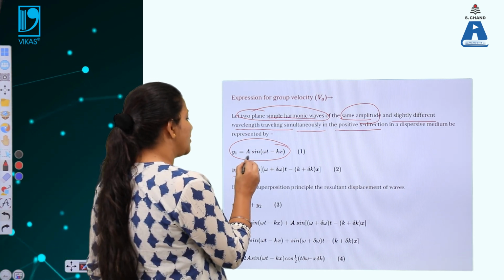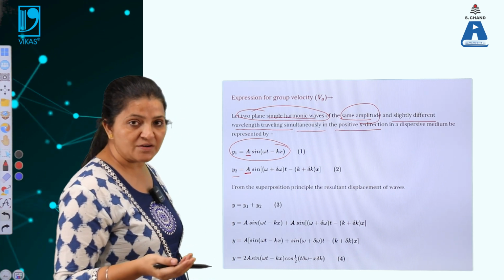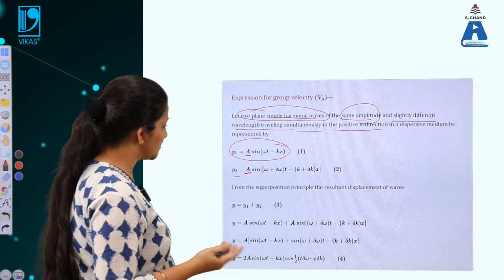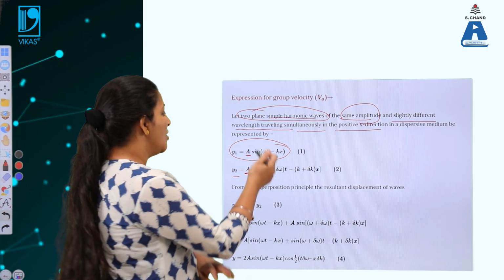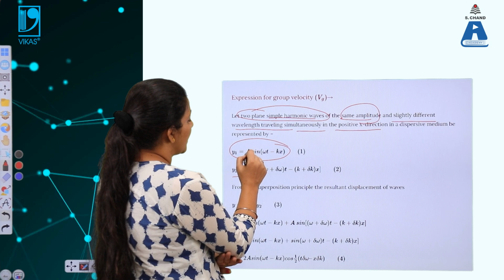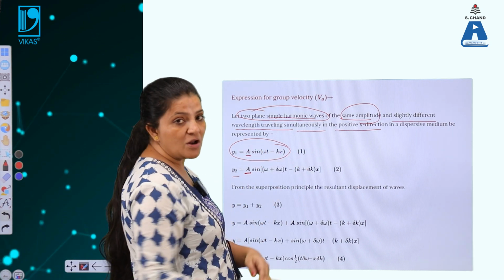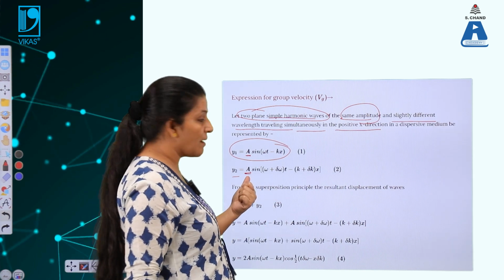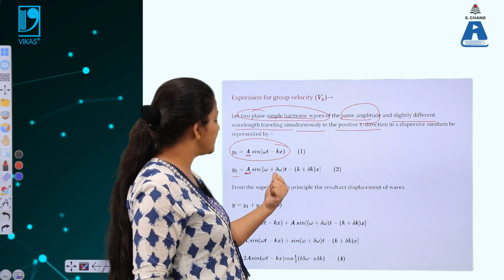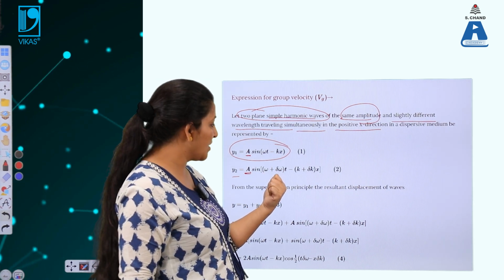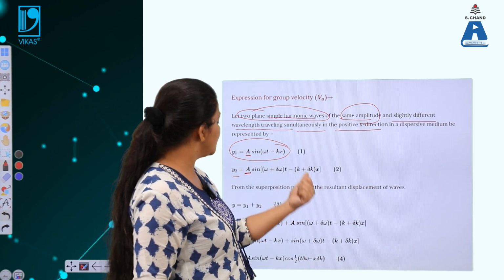The displacement is a combination of phase as well as amplitude, so the first wave is a sin(ωt − kx). The second wave has the same amplitude but a slight difference in phase, which is represented by delta omega, and the propagation constant becomes delta k. So these are the two waves.